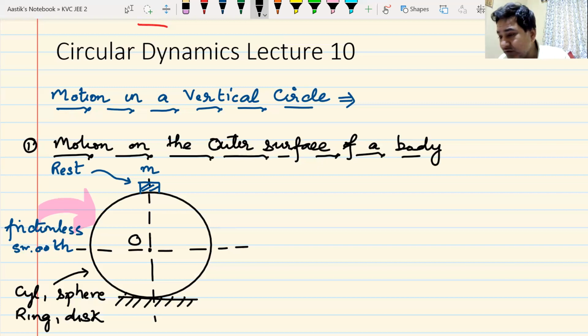It is a frictionless, smooth surface. What happens to this body? Anyone? No one has any idea? I'm waiting.